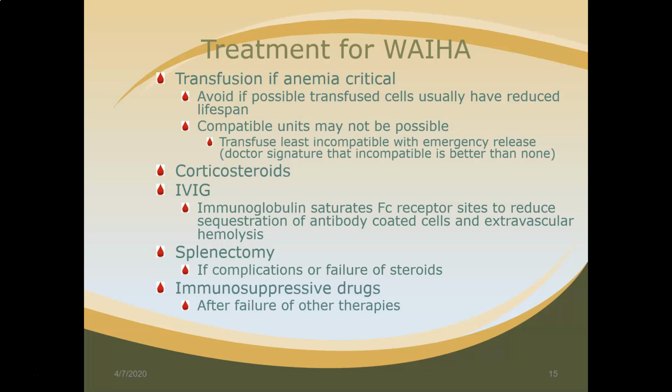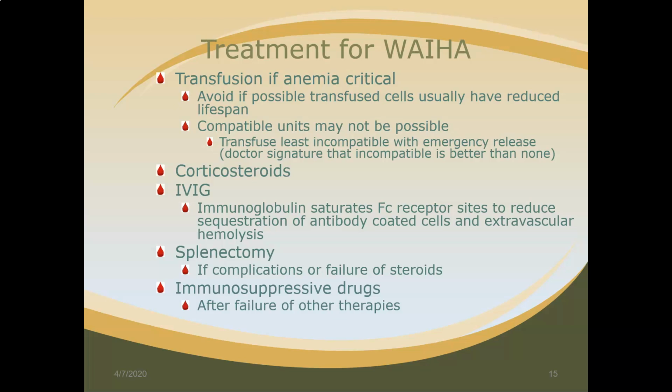We can treat them with corticosteroids, although the problem is you have to keep giving increasing doses, and you will eventually get to a point where either the steroids are no longer working or the dosage of steroids is doing more harm than it's doing good. We can treat with intravenous immunoglobulin, and this is kind of an acute phase sort of thing.